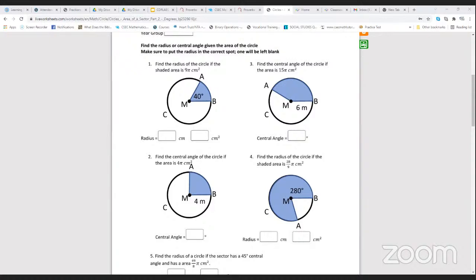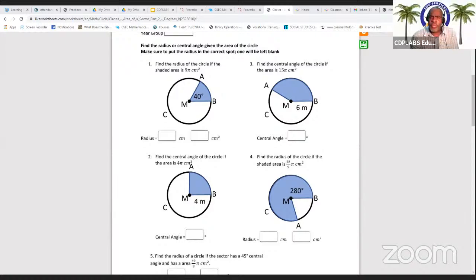Excellent. Somebody dropped off, right? Who just dropped off? Lexi dropped off. Okay. So subtract. Very good.